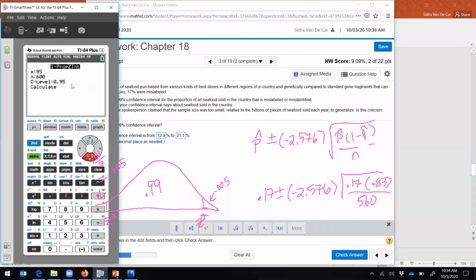The N is 560. And my confidence level is 99%. And there's that same interval, 0.129 to 0.211. So I could have just done it straight on the calculator, not use the formulas at all.